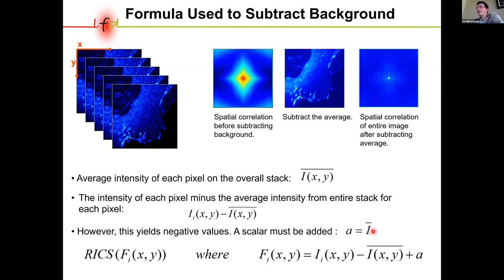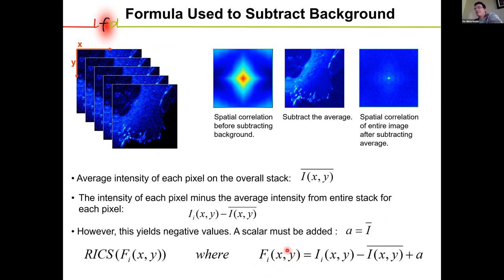Down here on the right is the formula. We subtract the immobile fraction by taking the average of all image frames that we collected. Then for each image frame, we subtract this average in each pixel, and then we add a constant, which we typically set to the global average of all frames and all pixels.